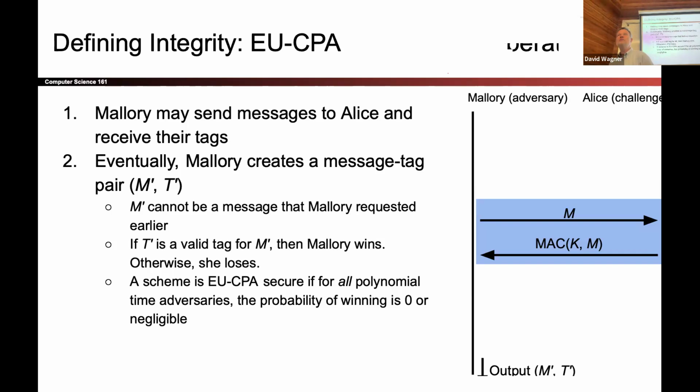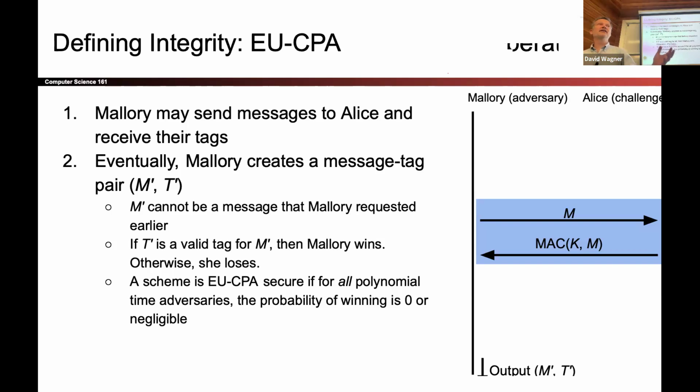If that new message M prime is different from anything that Alice sent so far, and if the prediction is correct, then Mallory wins the game. She's been able to forge a tag, or come up with something that Bob would accept as valid even though it's actually not. And if Mallory doesn't succeed in predicting the tag value, then Mallory loses.